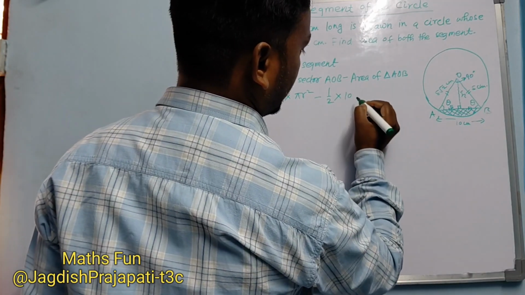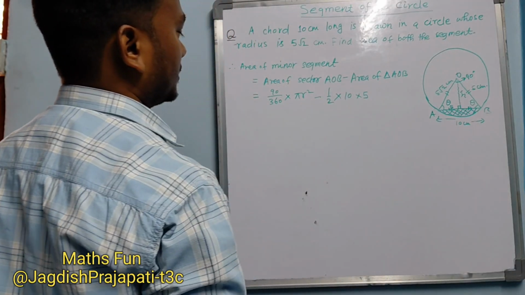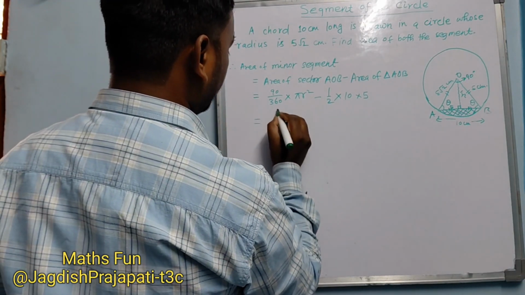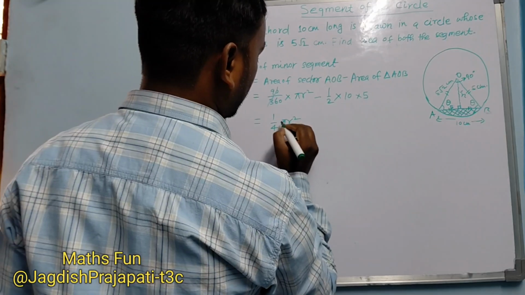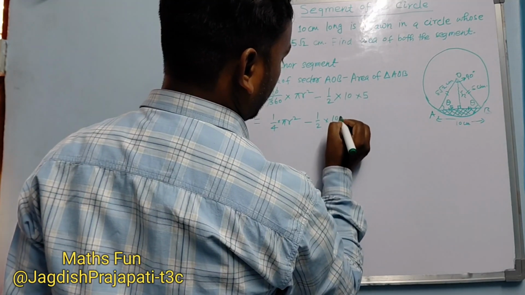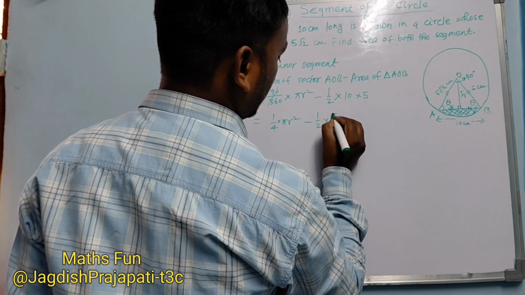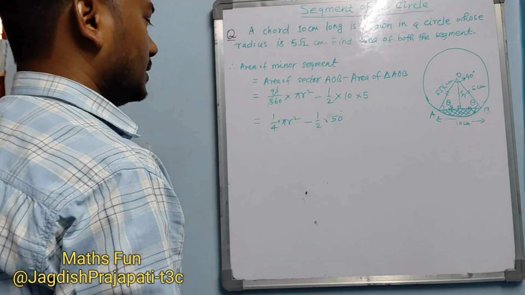Base is 10 centimeter and height we found 5 centimeter. So this is 1 by 4 pi r square minus 1 by 2 into 10 into 5, 10 into 5 is 50.